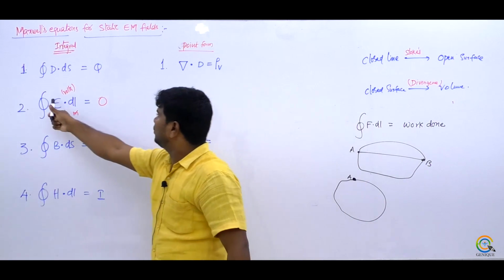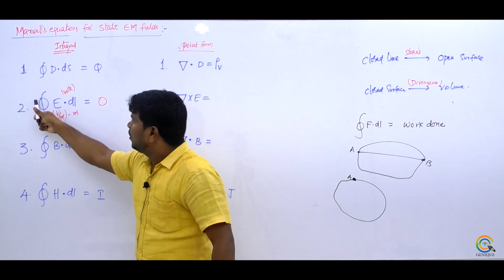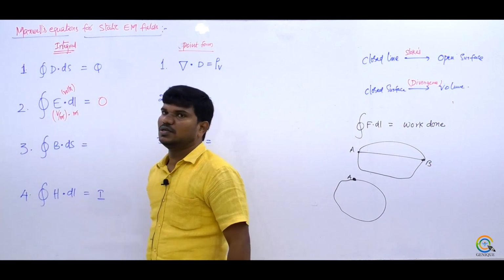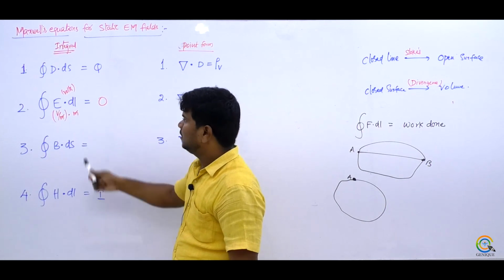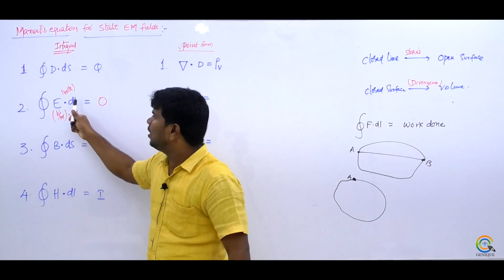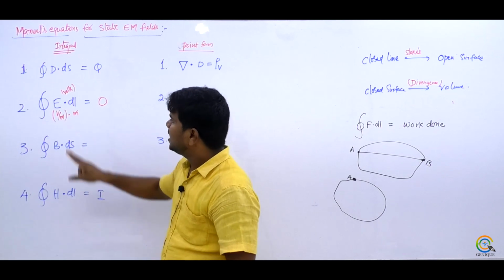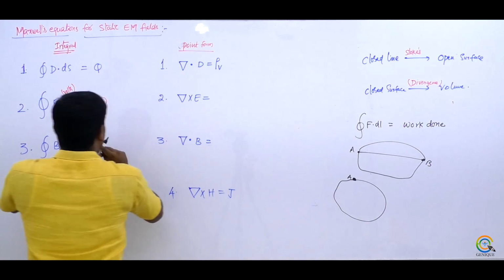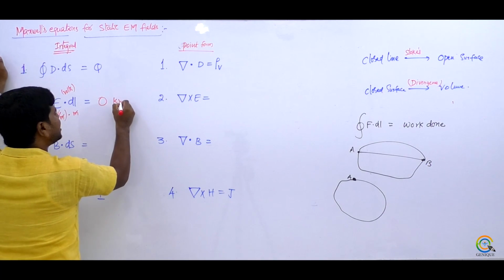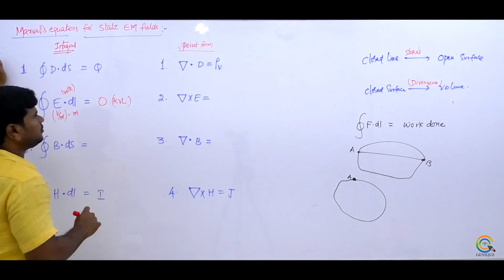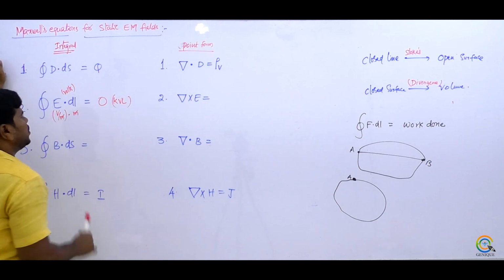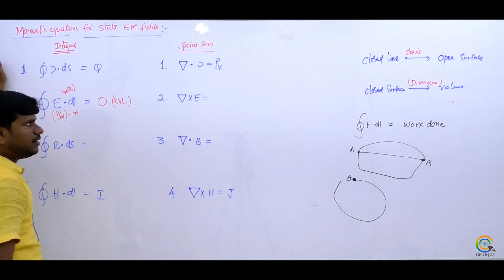Similarly, if you travel around this closed loop, the work done is 0. And this is called the KVL, Kirchhoff's voltage law. Understand?